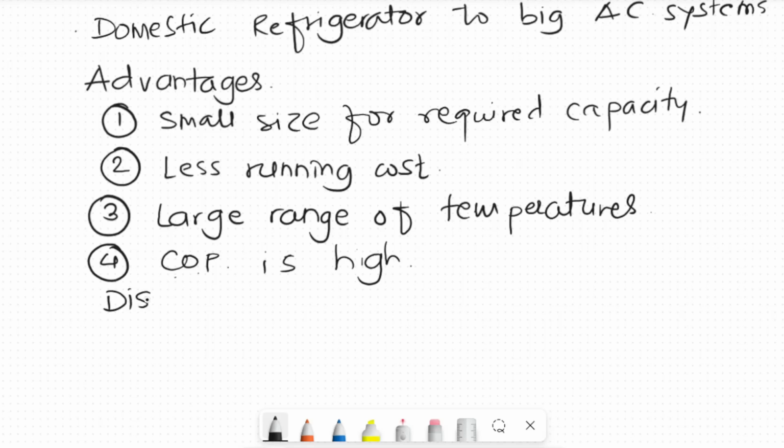Now, talk about the disadvantages. The first disadvantage is the initial cost is more.